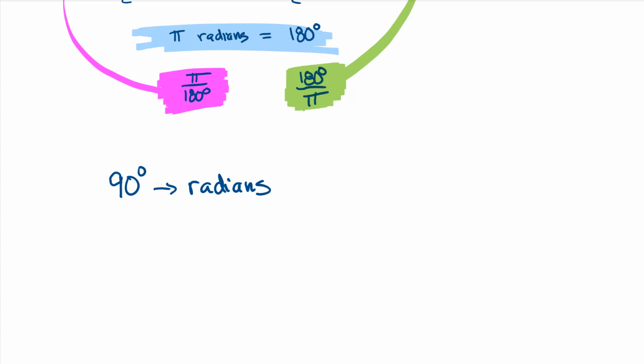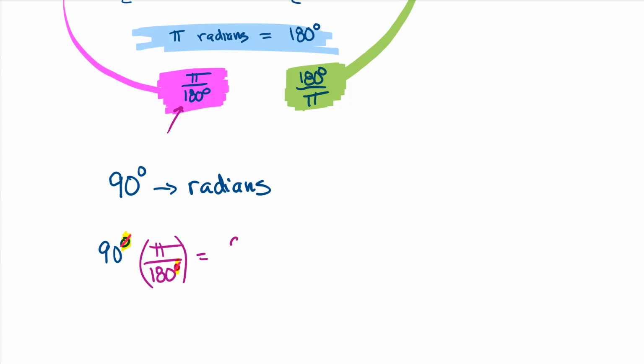The way I remember it is, if you've ever done a chemistry or physics class, your units have to cancel. So if we're going to multiply by something, it has to be this conversion, pi over 180 degrees, because look at the units. The degrees cancel out, going into radians.